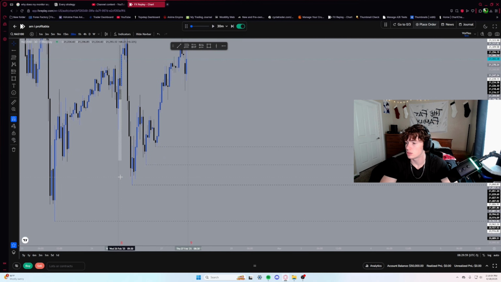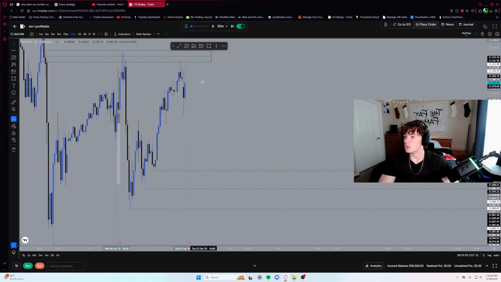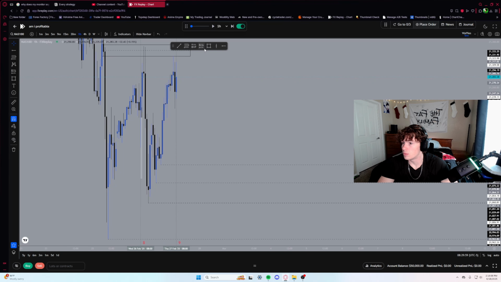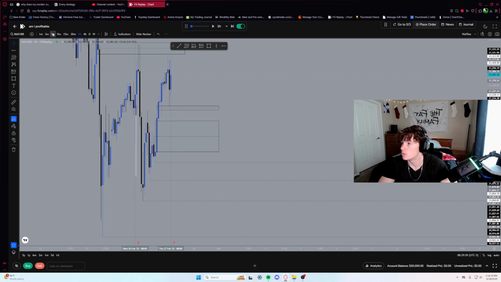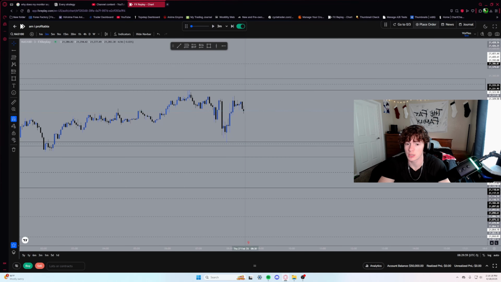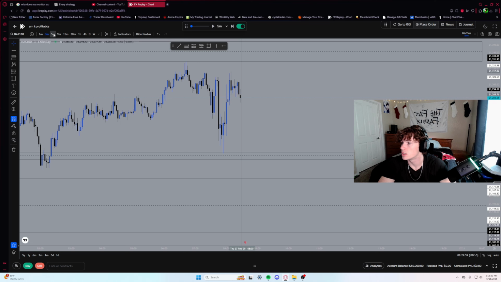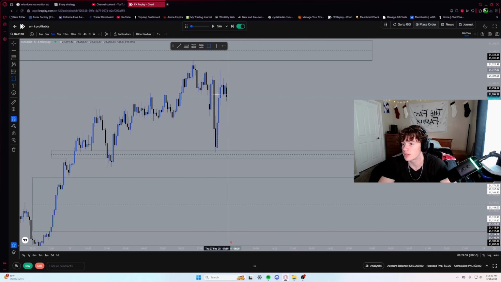Swing point. Alright, let's go to the 1 hour. We have a fair value gap right there, and we have this one right here too. Cool, we already retraced off of both of these. We are in between fair value gaps. Let's go to the 5 minute. We have a fair value gap right here. We could count it as BPR.